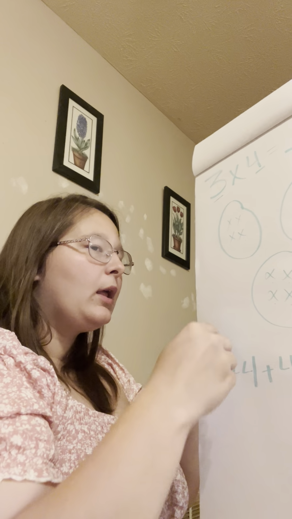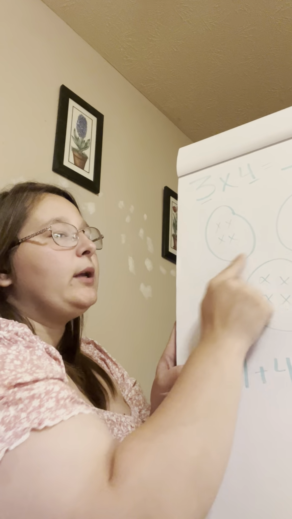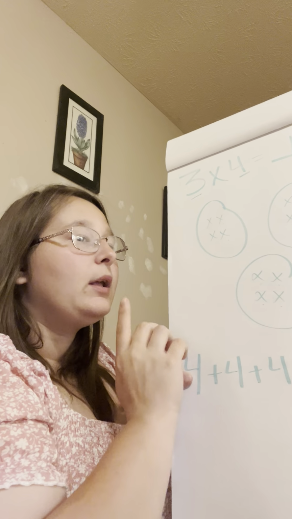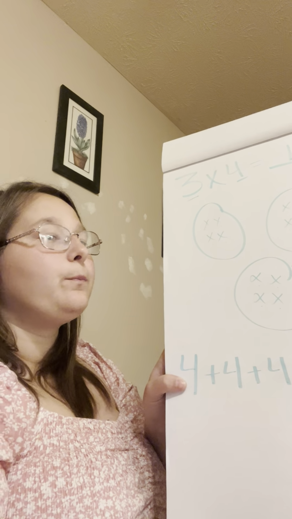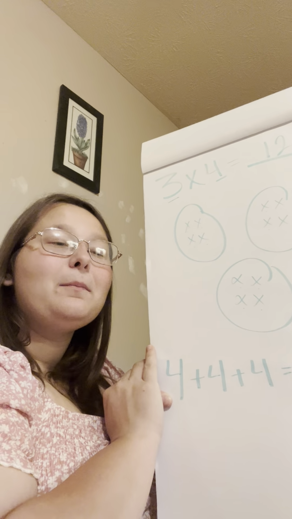Now, as I said earlier, we have 3 groups of 4 that equals 12. Now, we're going to turn that into a rhythm. So, each of our groups has a total of 4 beats. So that means we're going to have 3 groups of 4 beats. So that's going to look something like this. 1, 2, 3, 4. 1, 2, 3, 4. 1, 2, 3, 4.